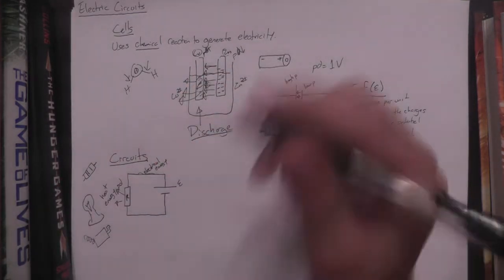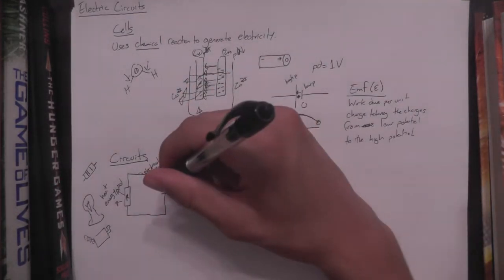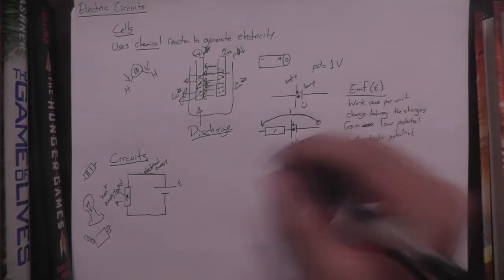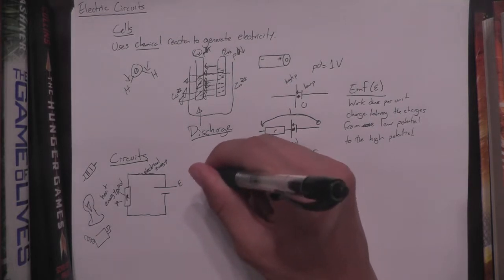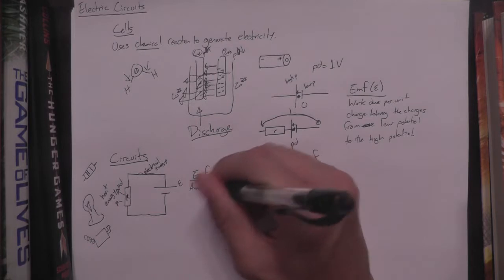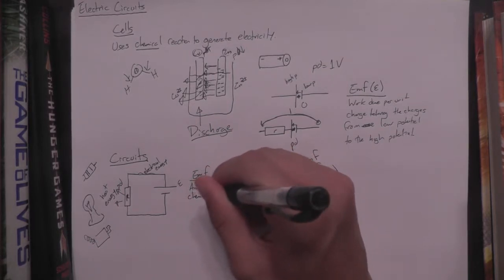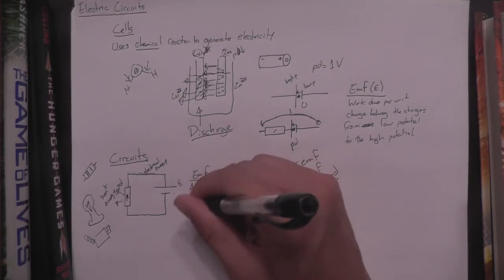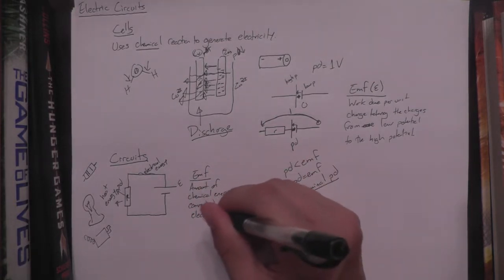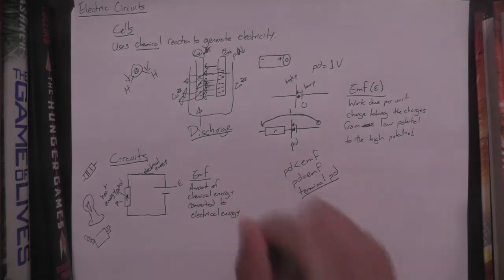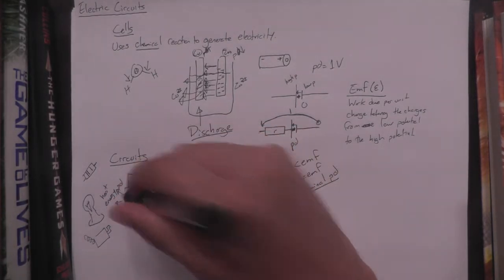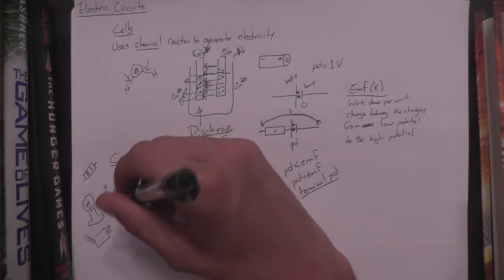Now, because of conservation of energy, the amount of chemical energy converted to electrical energy, which is a simpler definition of EMF, is the amount of chemical energy converted to electrical energy. Right? And we're assuming that no energy is lost in the circuit until we get to the resistor. And the resistor is going to convert that electrical energy to heat.